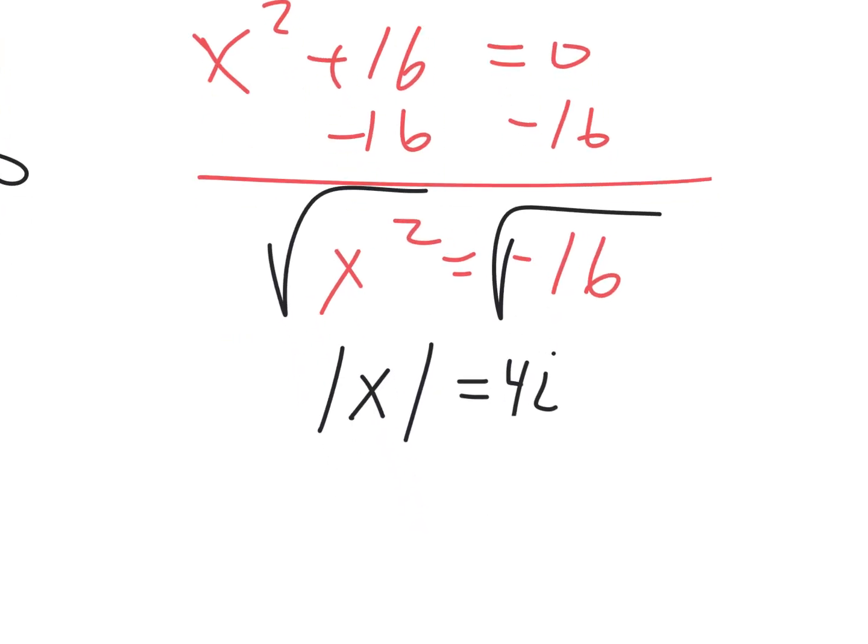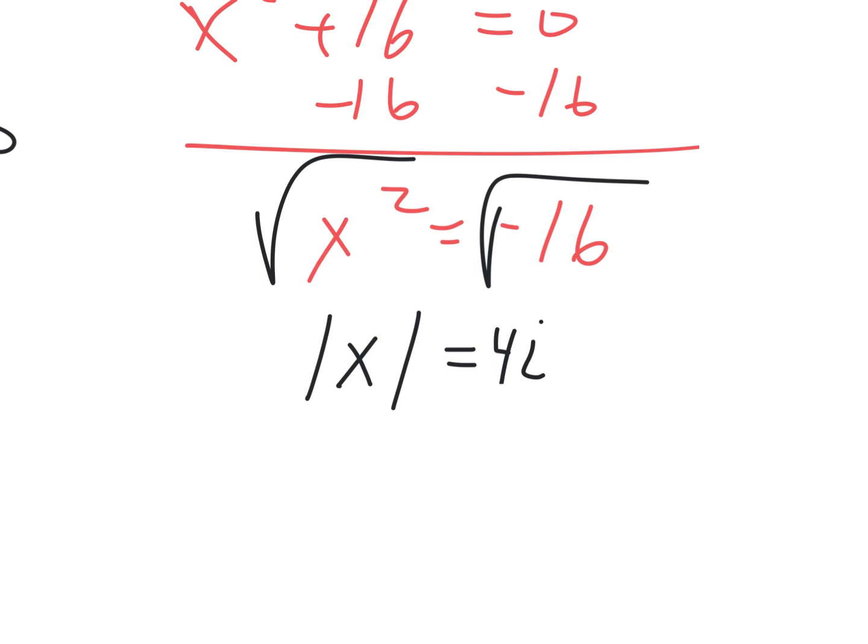And then that will lead you to your answers of x equals 4i and x equals negative 4i, aka plus and minus 4i. Either of those two methods is acceptable, but I think it's kind of cool to know how to factor something that most kids in the school can't factor by just throwing in an i.